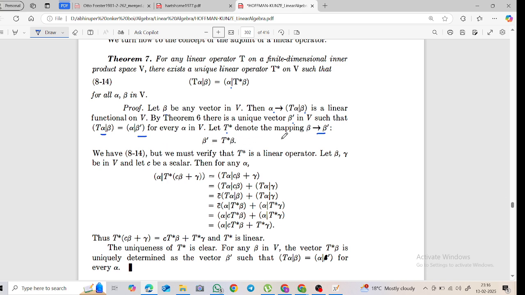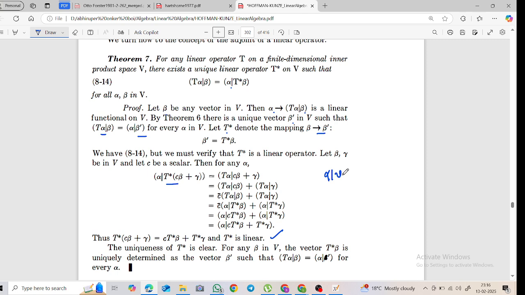Now they will show that this is indeed a linear map. I mean, T star sends beta to beta prime. So let's see whether it is a linear map or not. After some elementary checking, you will see that T star indeed is a linear map. Uniqueness of T star is clear, because we will use the same technique.